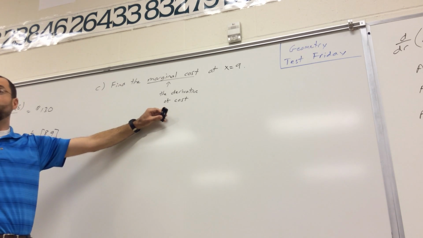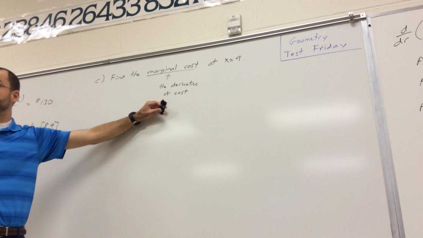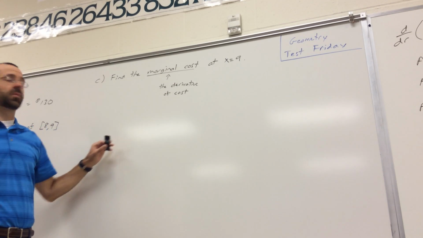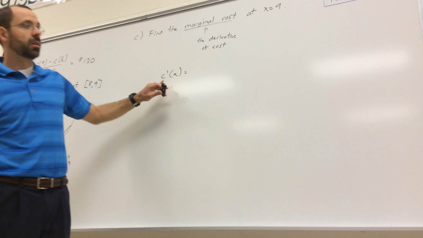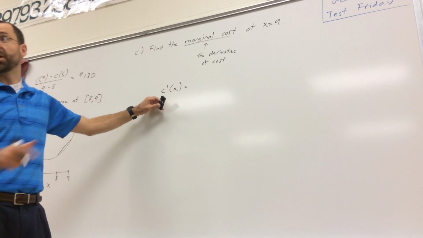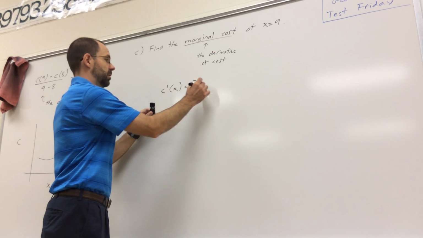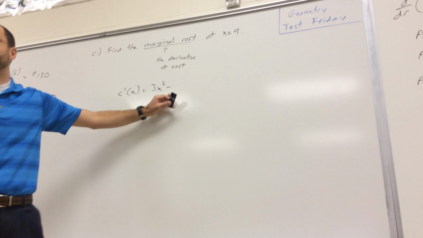So when it says find the marginal cost at x equals 9, all they're saying is take the derivative of the cost function and plug 9 in. Okay, so let's write the derivative of the cost function. And that would be 3x squared, so the x cubed. Then the 6 is hanging out, right?